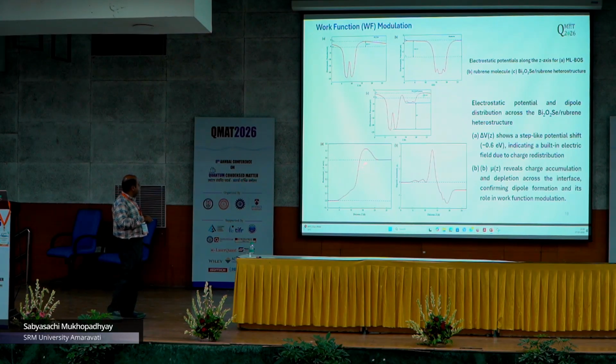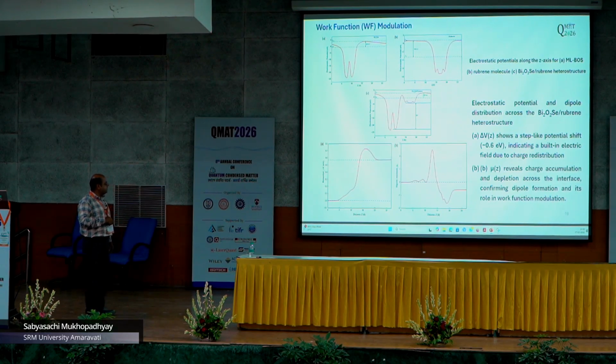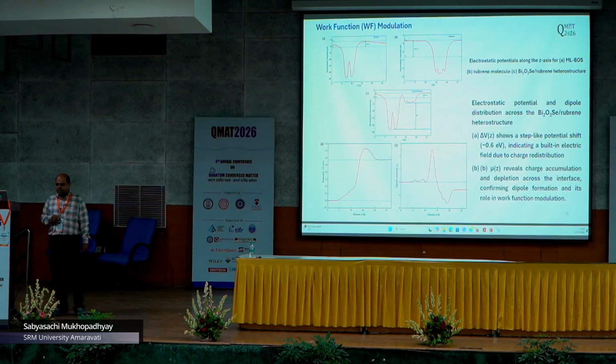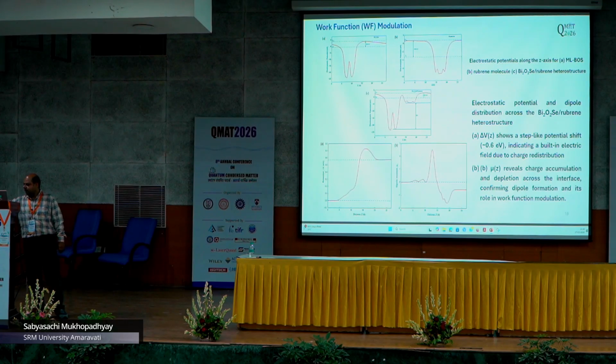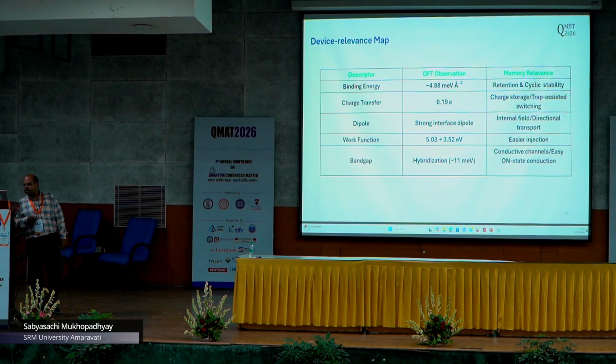What shows that there is a voltage difference, a spike-like potential shift of 0.6 volt, indicating there is a built-in electric field or some kind of Schottky barrier forming in these interfaces. And then this structure reveals the charge accumulation and depletion across the interfaces, which confirms the dipole formation at the interfaces.